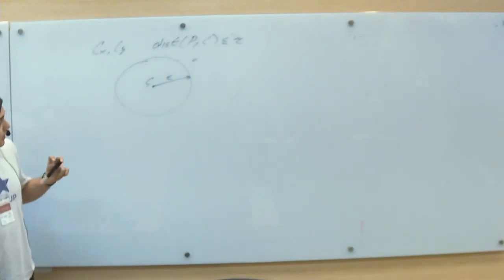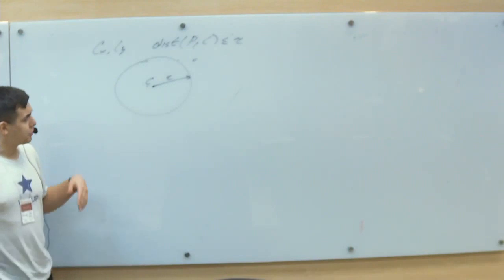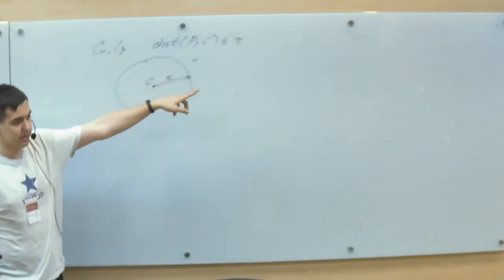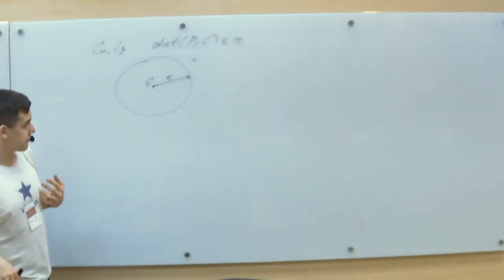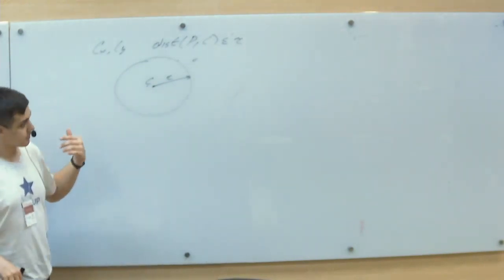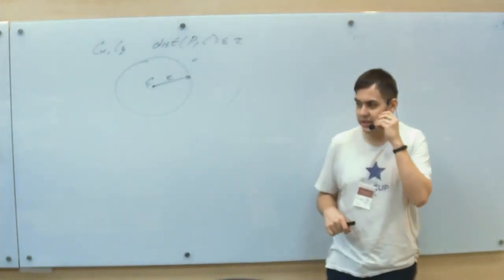So there are common primitives, like how do we check if two circles intersect? Well, we have to check if the distance between them is smaller than the sum of their radii. How do we intersect?